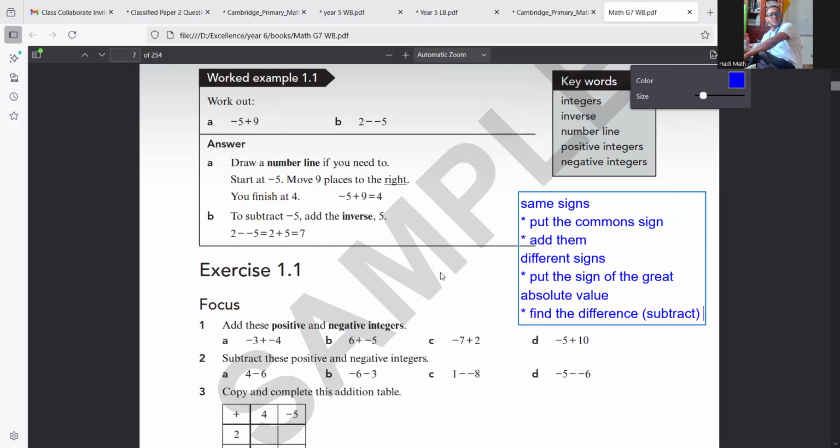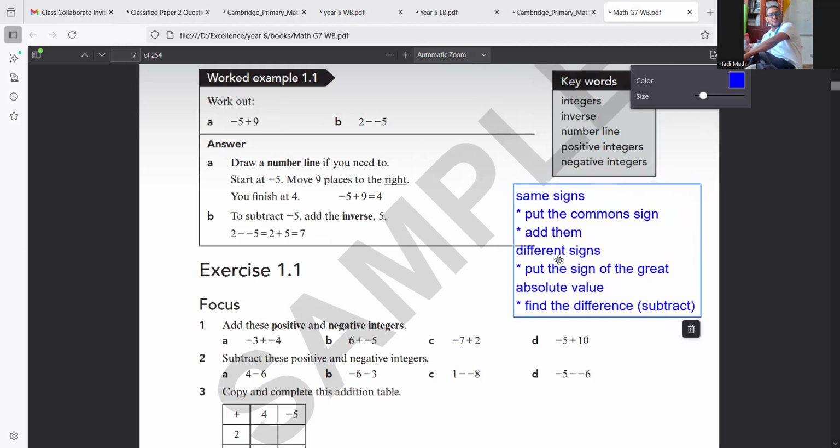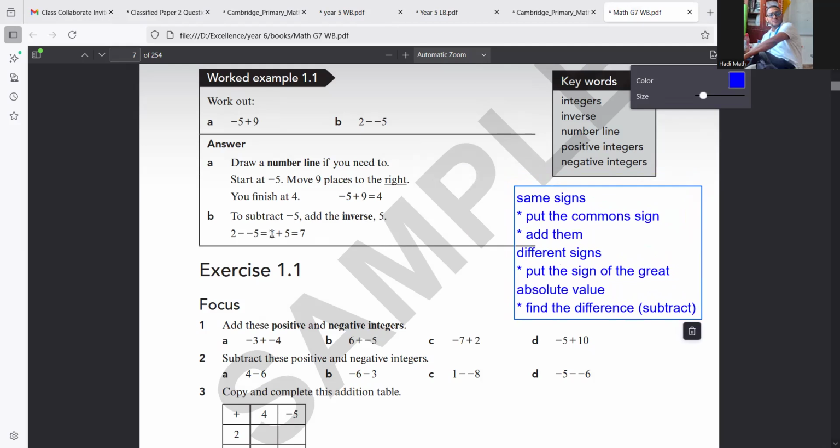This is what I want you to do. Let's see how we could apply those two rules. But before that, remember when you have double signs, you need to change them to one sign, like combining the signs. If you have two minus, you change them to plus. If they are two plus, you also make them plus.